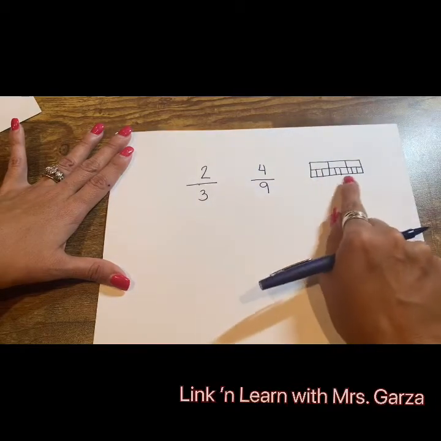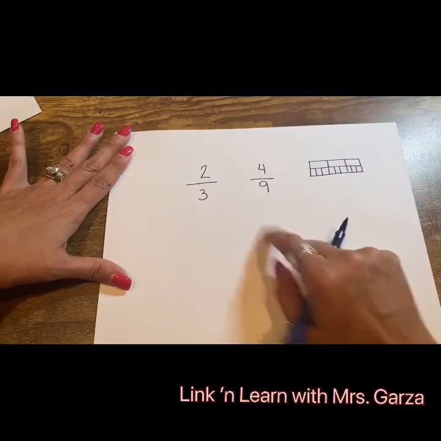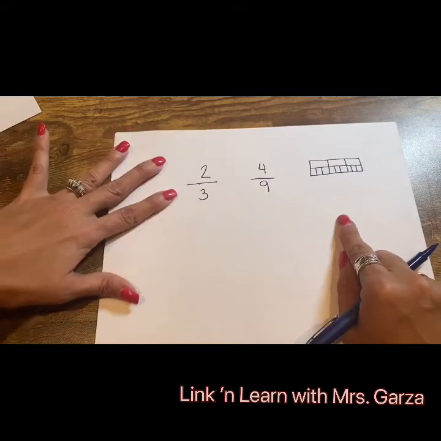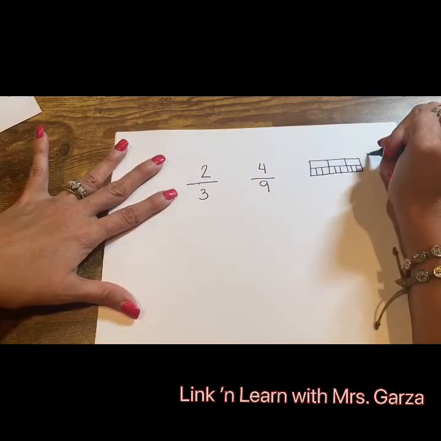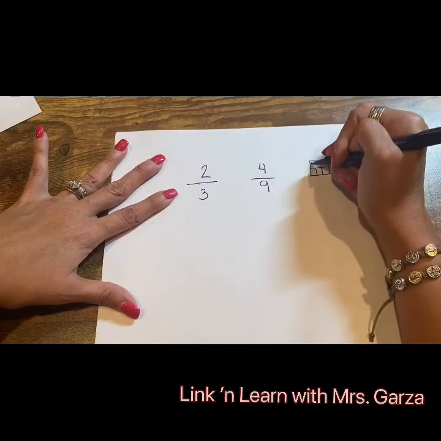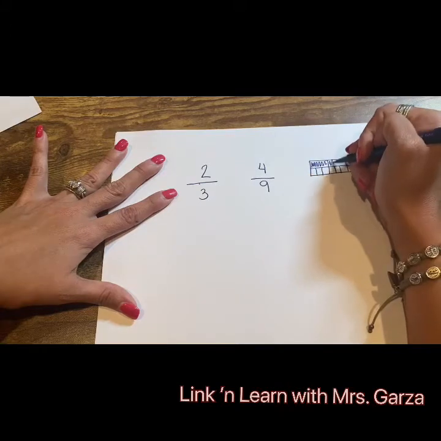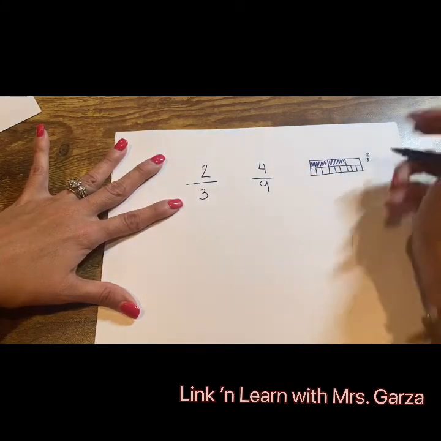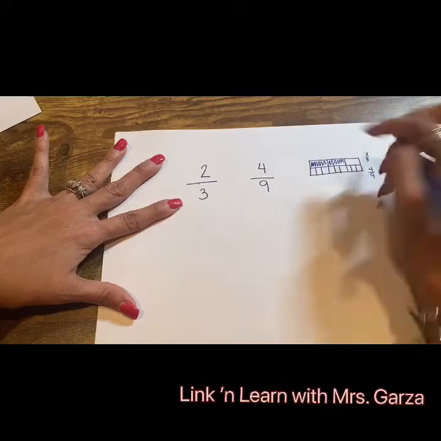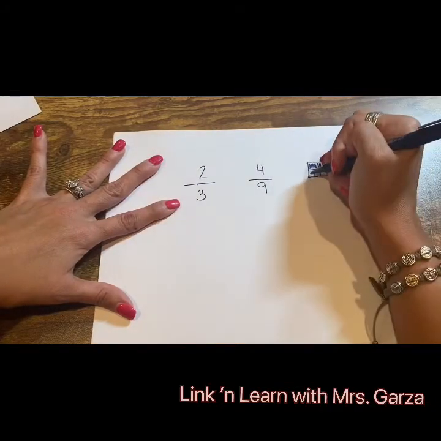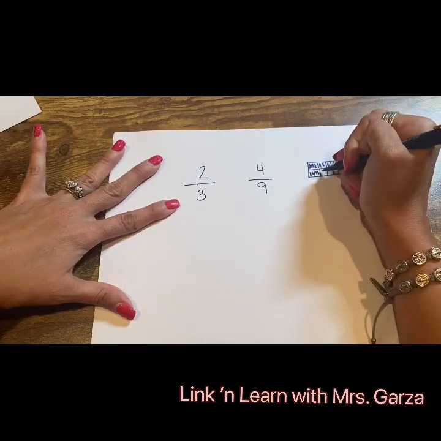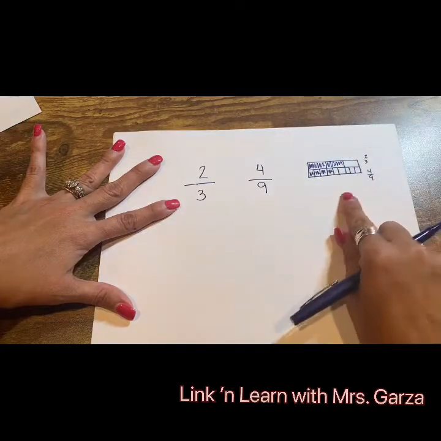So that's 3, 6, 9, okay? So then I can also shade that in to represent the 2/3. So I would shade in 1 and 2. And then for my 4/9, which is this bottom one, I would shade in 1, 2, 3, 4.